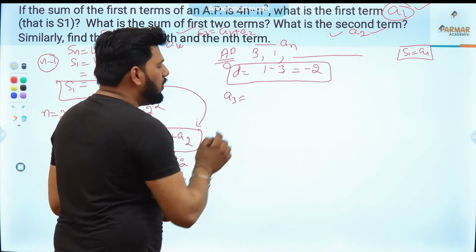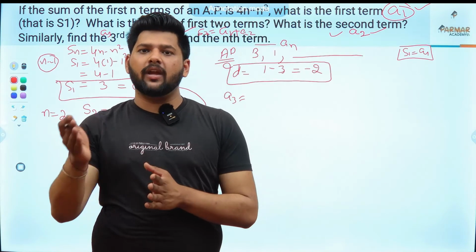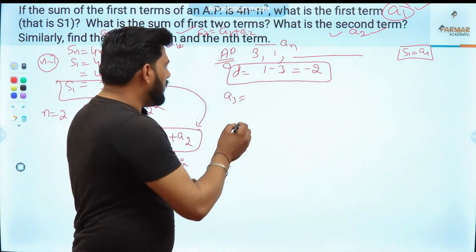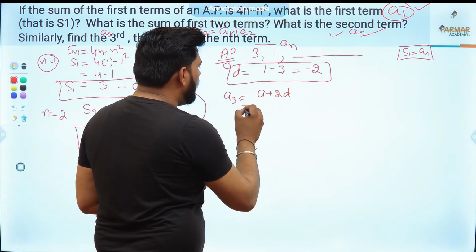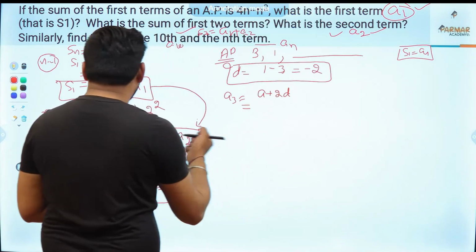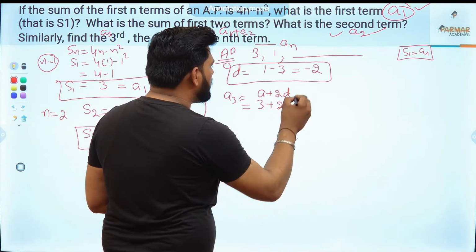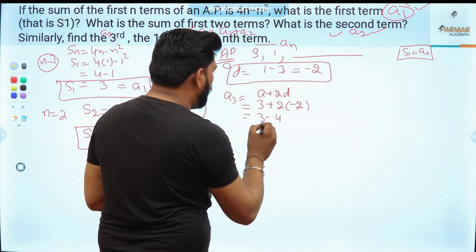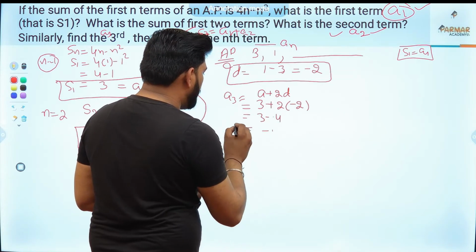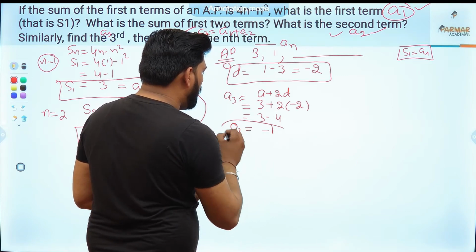By using the basic formula of an AP, the third term is equal to A plus 2 times D. Now A, the first term, is 3, plus 2 times the difference, minus 2. So this is equal to 3 minus 4, that is minus 1. So the third term of the sequence is minus 1.